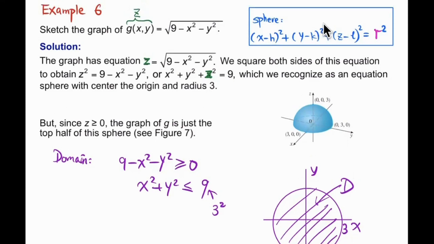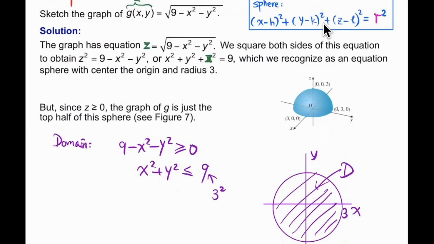Now, because z is equal to the positive square root of this quantity, z cannot be negative, so we don't have the lower part of the sphere. So z will be greater than or equal to 0. So we have this upper part of the sphere.